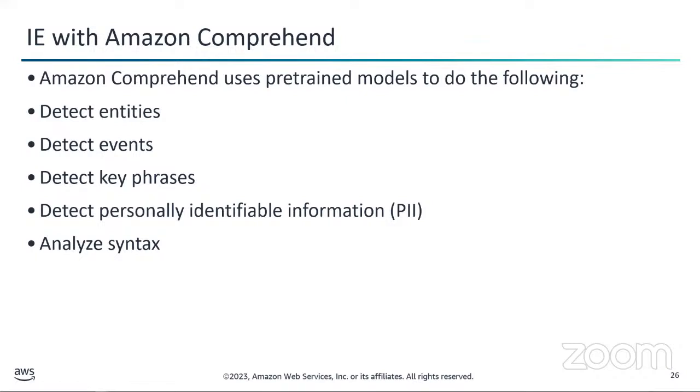So how do you implement it with the Amazon Comprehend service? It uses pre-trained models to do this. It can detect entities, detect events, detect key phrases, detect personally identifiable information, PII, which you have to protect or anonymize because of laws such as HIPAA, and analyze syntax.